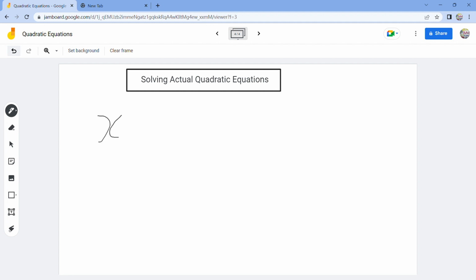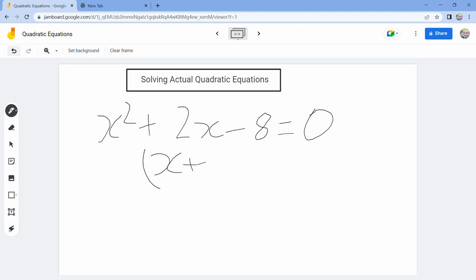So, for example, let's say this thing. This is actually very, very common. I saw many teachers using this problem. X squared plus 2x minus 8 equals 0.